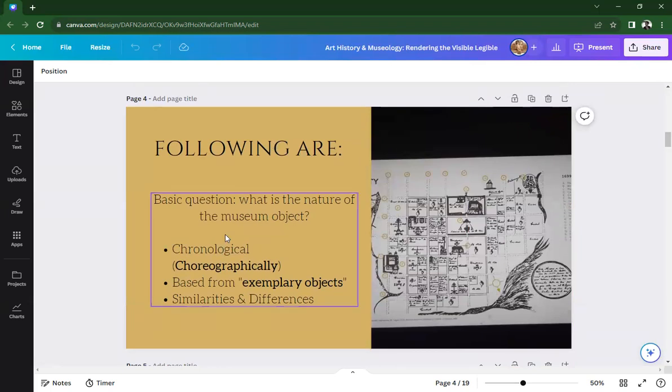And there are three bullets that needed to be explained though. So the first bullet is chronologically or choreographically. The second one is based from exemplary objects, objects inside of the museum, and also its relationships towards the other artifacts, museum objects. There are also similarities and differences between each museum artifacts, no, that needed to be studied.